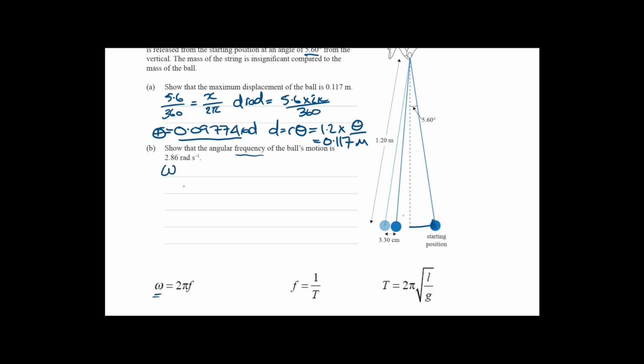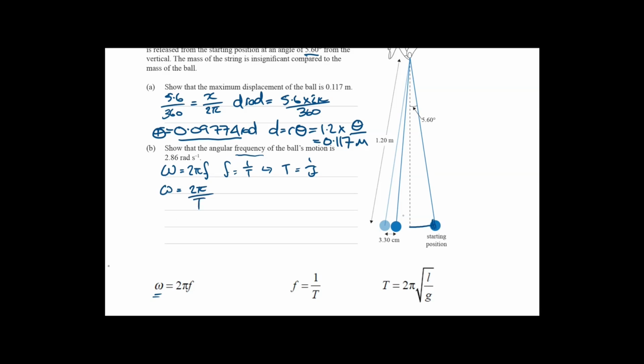So omega is 2 pi f, and frequency is 1 over T. So it follows that T must be 1 over f, but we won't worry about that for now. Wherever we see an f, we're going to put this 1 over T in its place. So omega is going to be equal to 2 pi over big T.